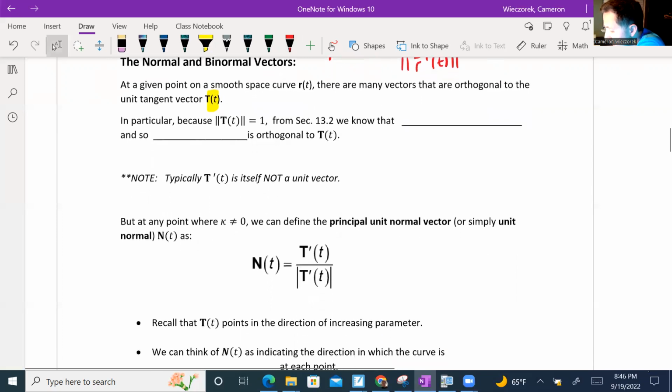We had a property in section 13.2 that says that if our vector has constant magnitude, it will always be orthogonal to its derivative. In this case, we know that the magnitude of the unit tangent vector is 1, because it's a unit vector.